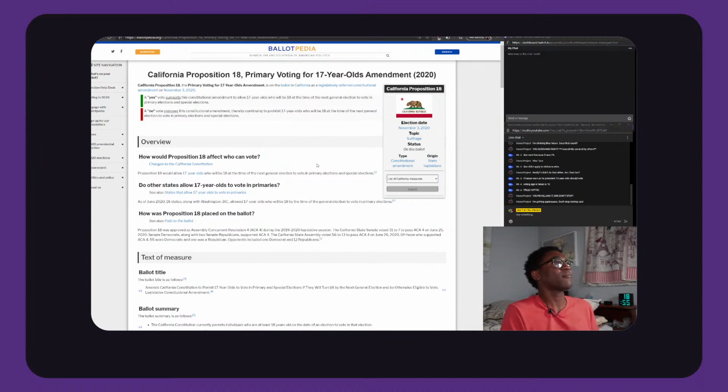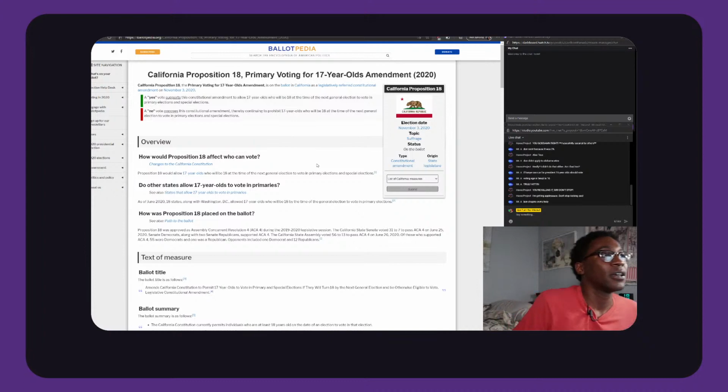Proposition 18. Should 17-year-olds vote in primaries? Yes. Look, if they're going to be able to vote in the presidential election, like say right now, and if I were 17, let's say this were already passing and I got to participate in the process where I got to pick the Democratic candidate that I really wanted in that election, in the primary.